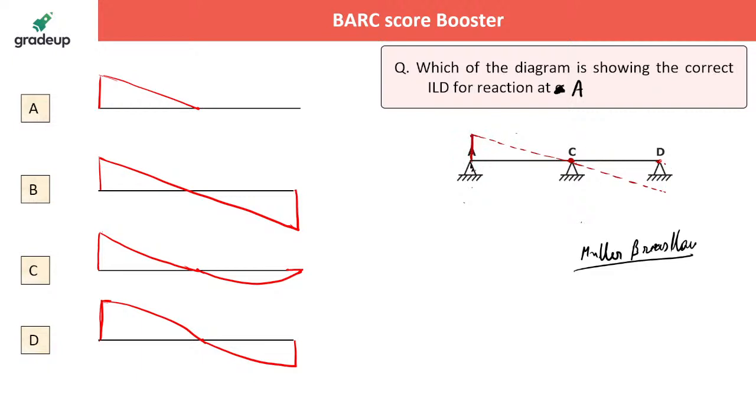But as long as D is fixed, this becomes indeterminate, and instead of getting a straight line, if you lift it, C will behave like a partially fixed support. So lifting will create a curved portion, and that curved portion will continue till D. This will be the correct ILD for the reaction.